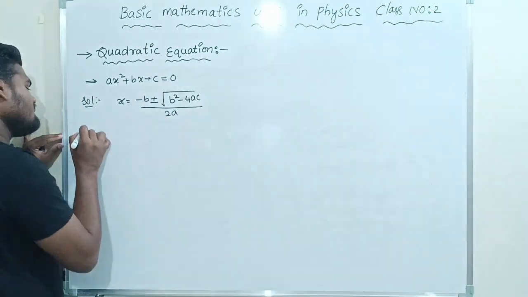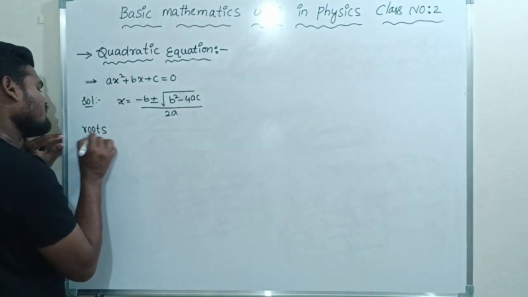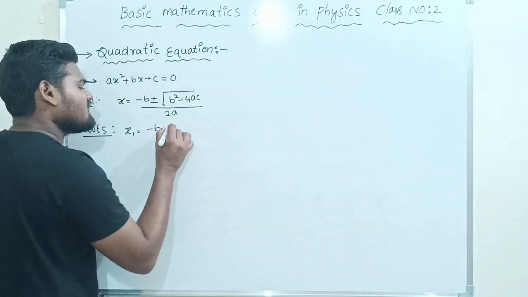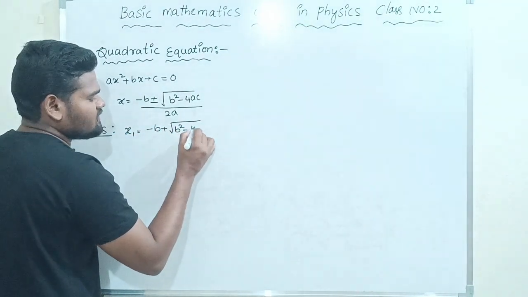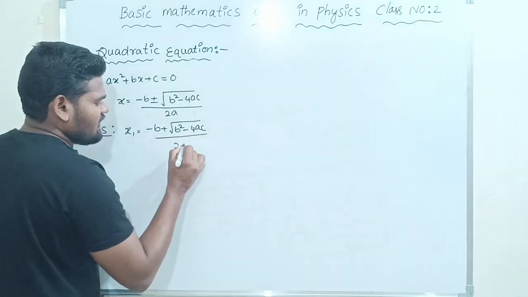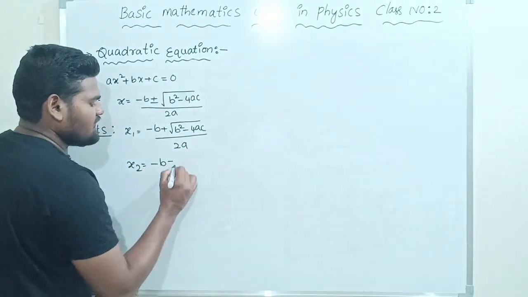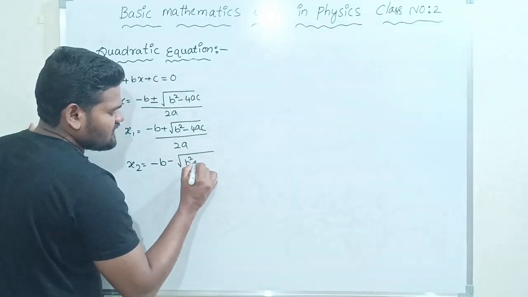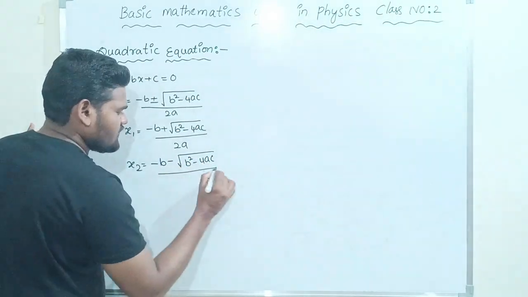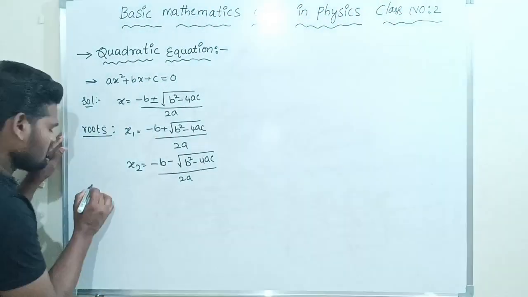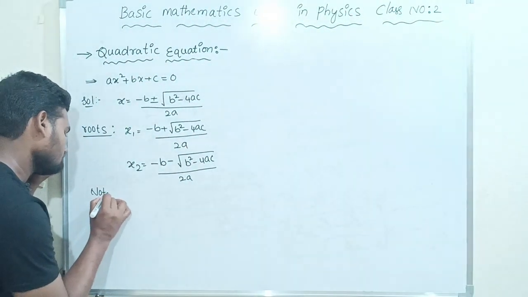If you want to write the equation for roots, so what are the roots? x1 is equal to minus b plus under root of b square minus 4ac by 2a, and one more root is x2 is equal to minus b minus under root of b square minus 4ac by 2a. Is it clear?